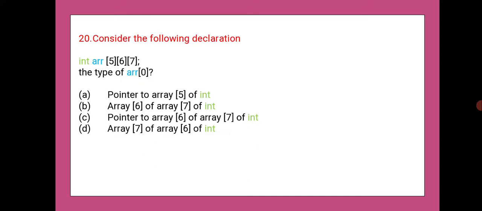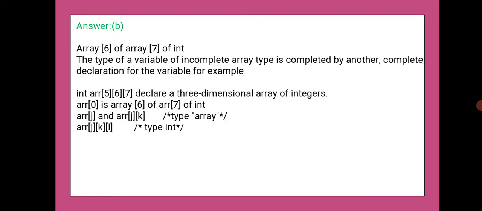For example, if I have int array[5][6][7], it declares a three-dimensional array of integers. A of 0 is array 6 of array 7 of int.